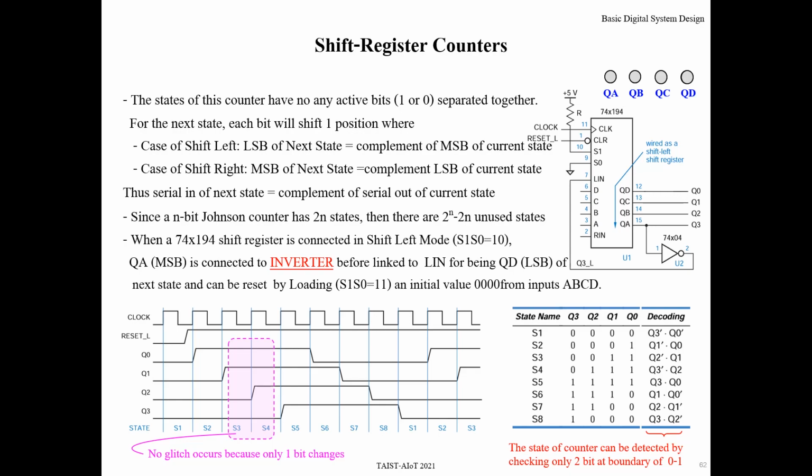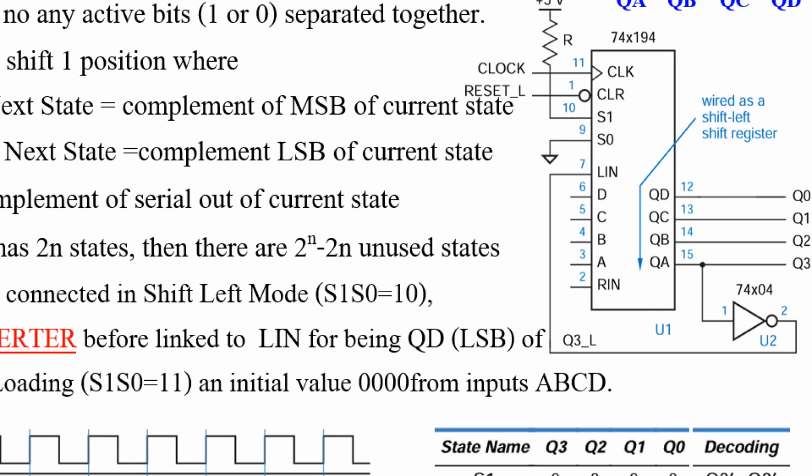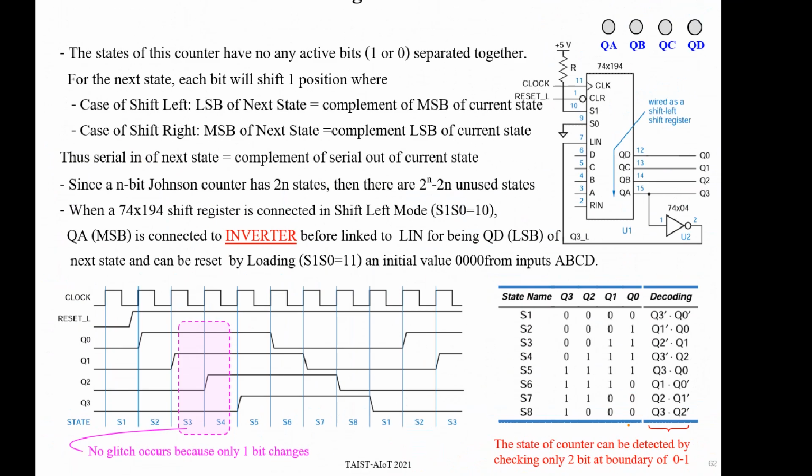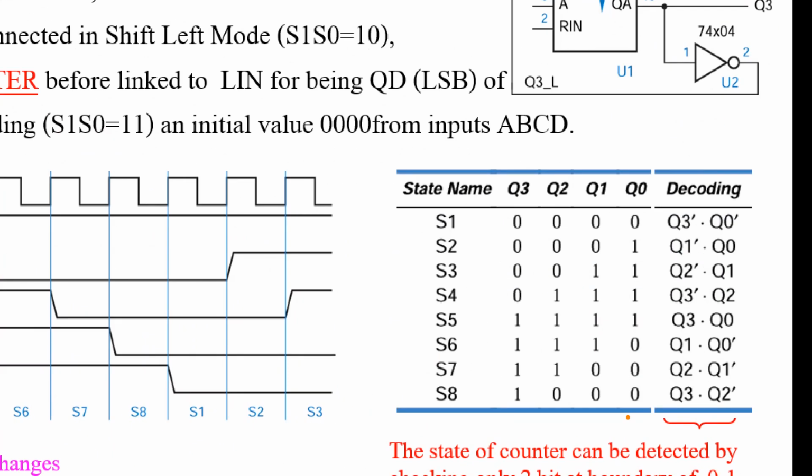And note for this counter, there are 8 states, and in each state there is no separation between the 0 bits and the 1 bits. That means it's very easy to check the state. For example, if you want to check whether it is state S3, you just check these 2 bits, which is enough: Q2 is 0 and Q1 is 1.